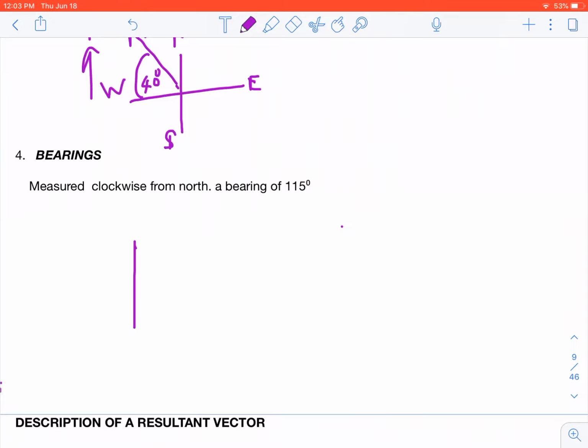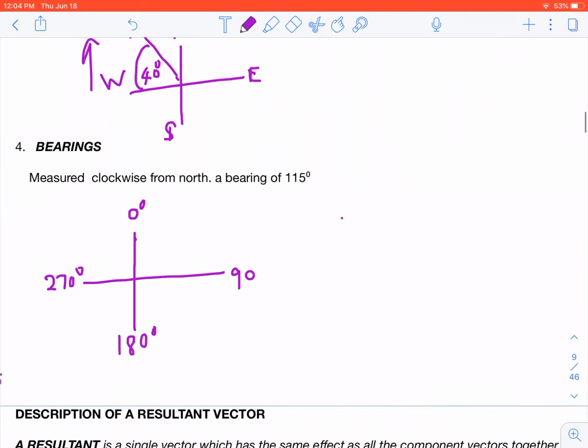Then bearings. If we're looking at bearing now, we start with 0 degrees, 90 degrees, 180 degrees, and 270 degrees, right? When we measure bearing, we need to measure it along the axis here.